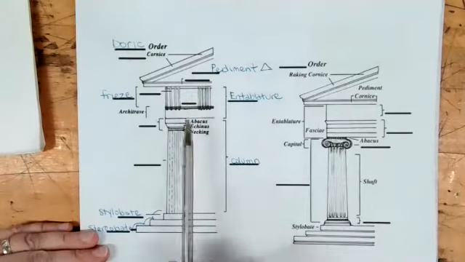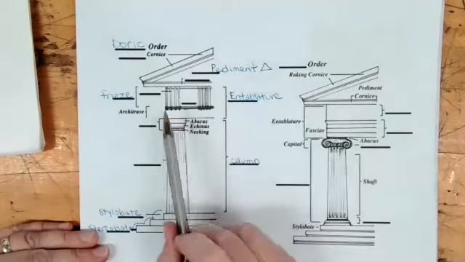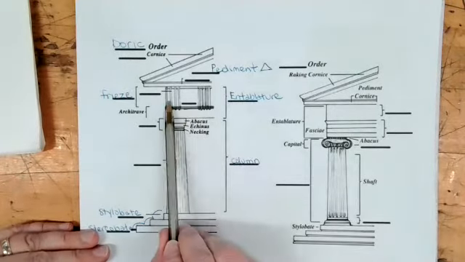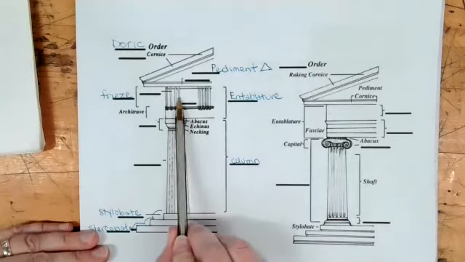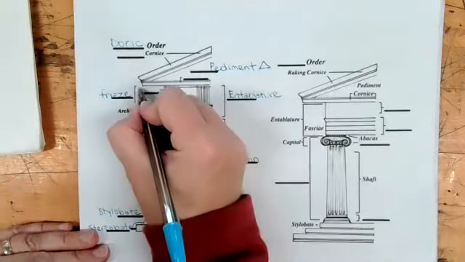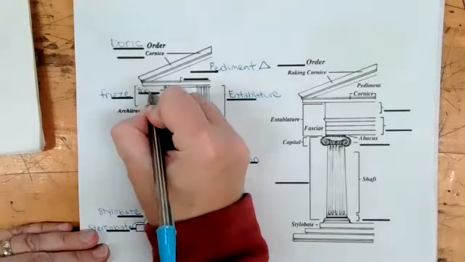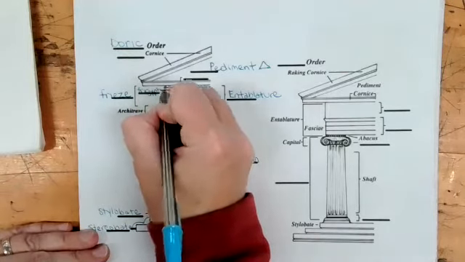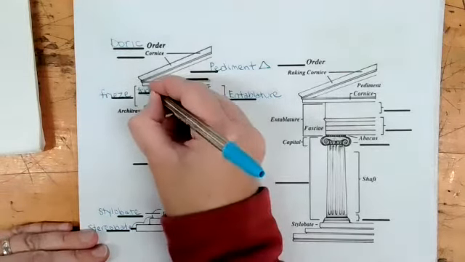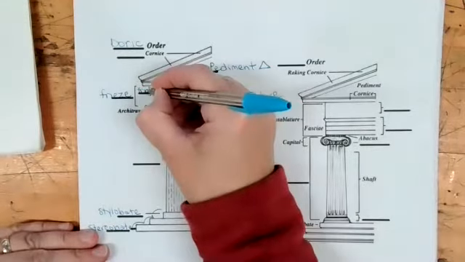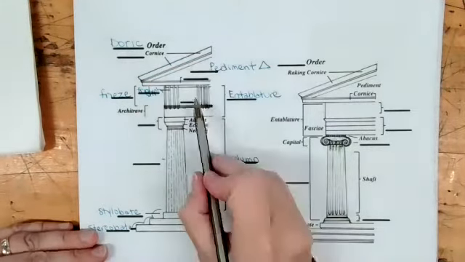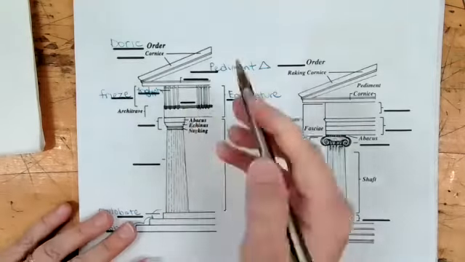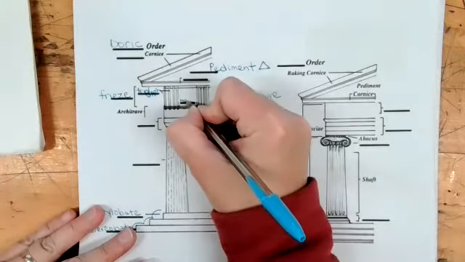In a Doric order, they have this three-section area here that is called the triglyph. And then the space in between is the metope.